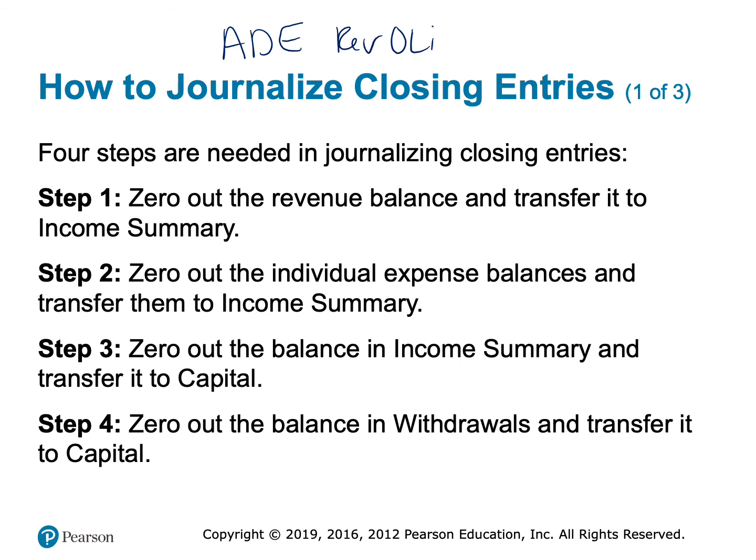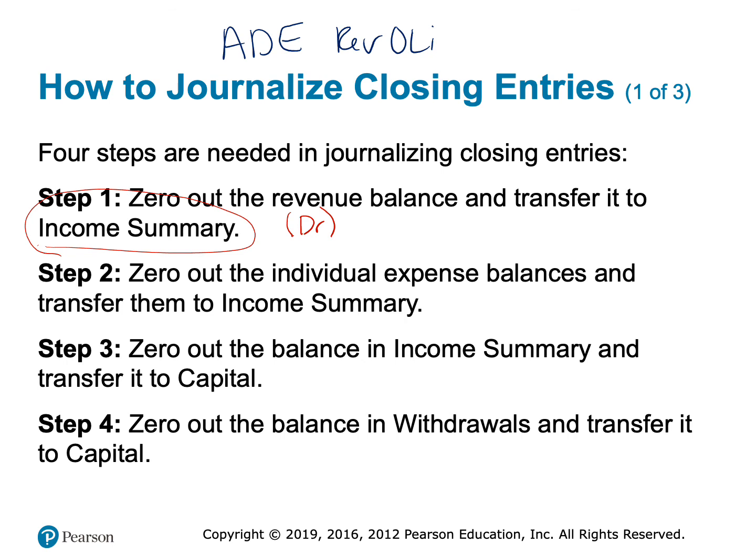So if I want to decrease it to 0, then what should I do to it? You're right, I need to debit revenue. So I want to zero out revenue by debiting revenue. And then I'm going to transfer it to this new account that we're just introduced to called income summary. We only use income summary during closing entries, so we're going to use it 3 times and that's it.